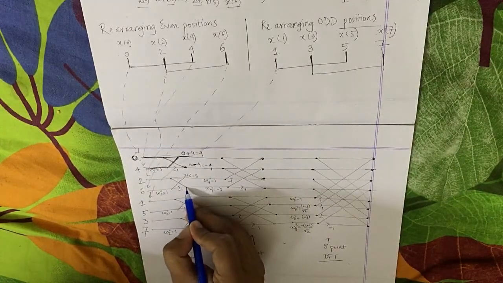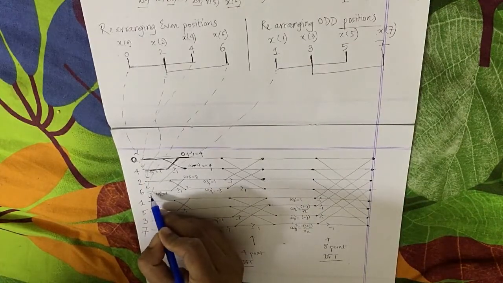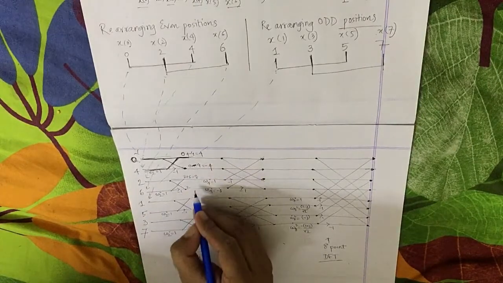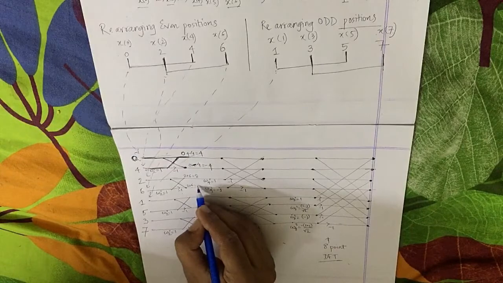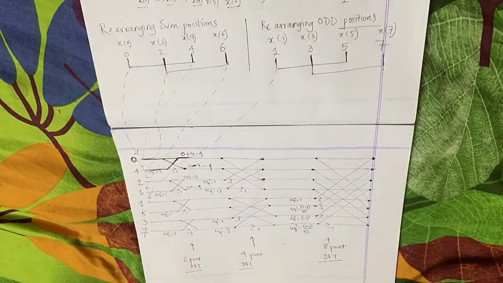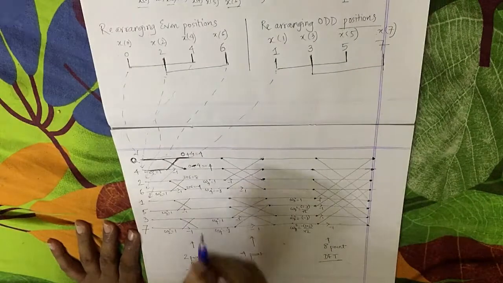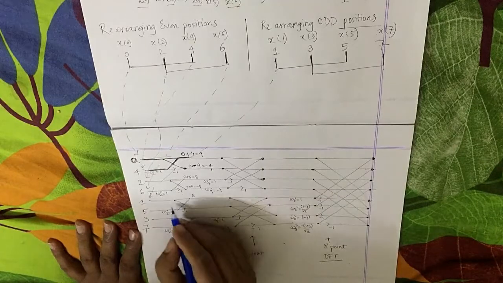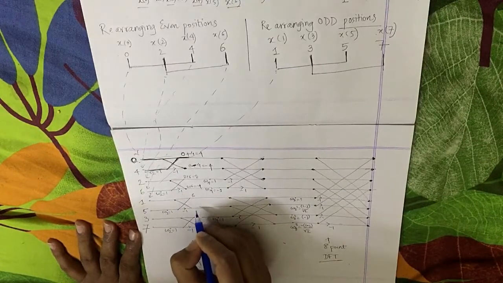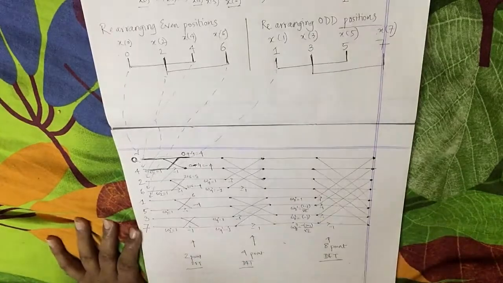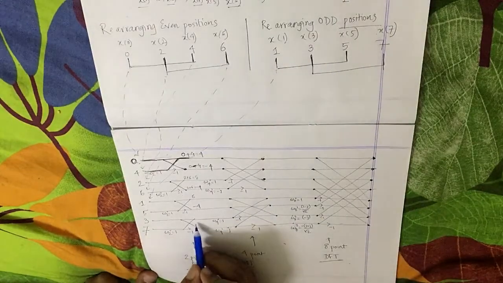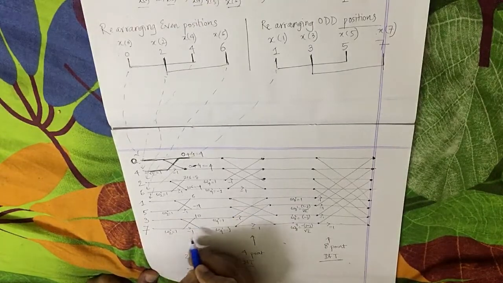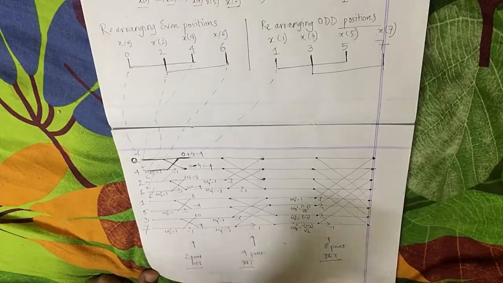But what about this line? This 2 and 6 comes here, getting multiplied with minus 1 gives us minus 6. 2 minus 6 gives us minus 4. Right. In the same manner, we will have 1 plus 5 in this line, that gives us 6. And in this line 1 minus 5, that gives us minus 4. Same goes for this one as well. 3 plus 7 gives us 10. 3 minus 7 gives us a value of minus 4.